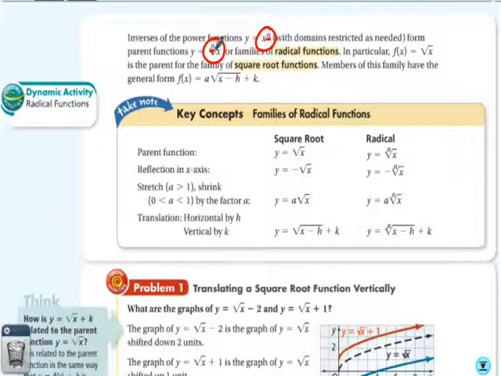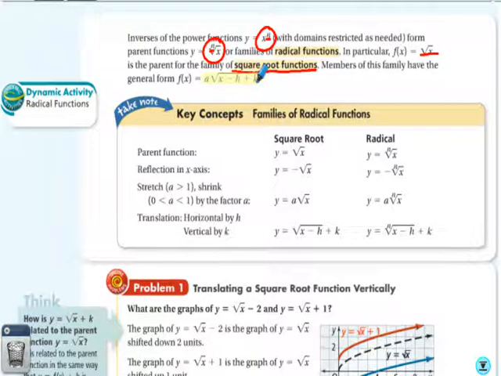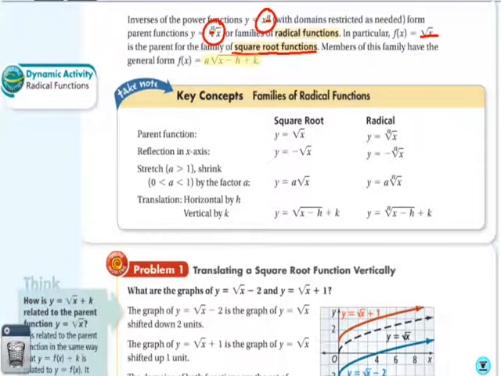In particular, f of x equals the square root of x is the parent function for the family of square root functions. Remember that this family has the general form right here, which should look familiar, because we've used this general form, those letters, a bunch of different times, and they're going to have similar effects.